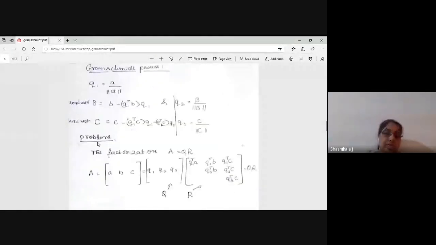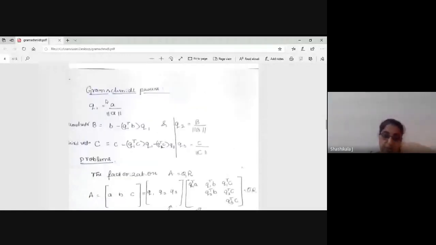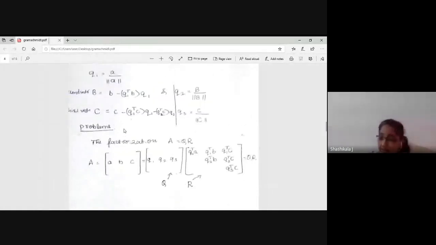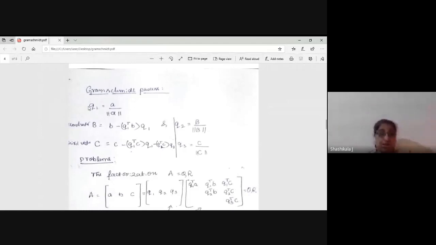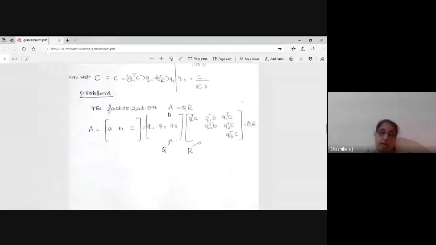And in the problem, this is very, very important. You have to remember these formulas. And definitely in the main exam you can expect one question on this. They will also expect you to write the factorization of this. In the Gram-Schmidt process, the factorization is A equal to QR.